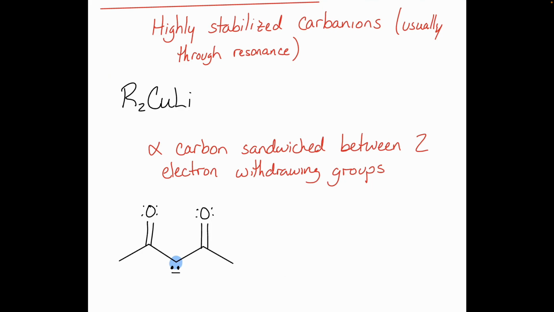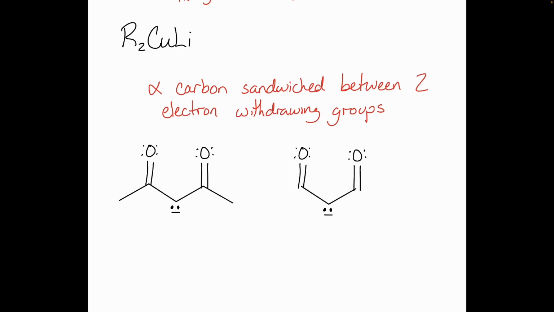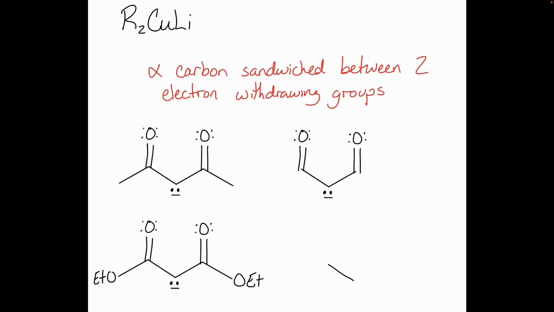It could be, for example, these two ketones. It could instead be two aldehydes, or an aldehyde and a ketone, or two esters. All right, or even two nitrile groups.